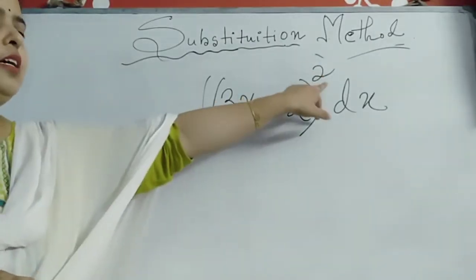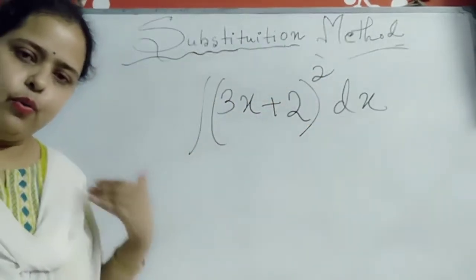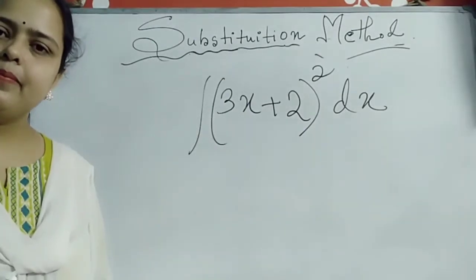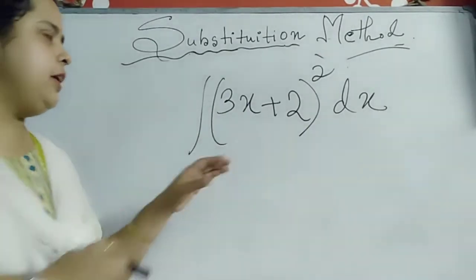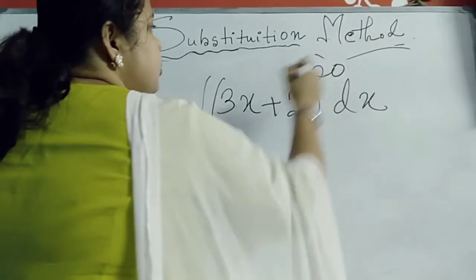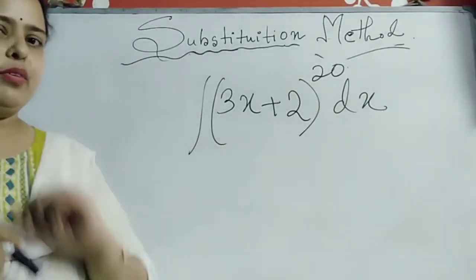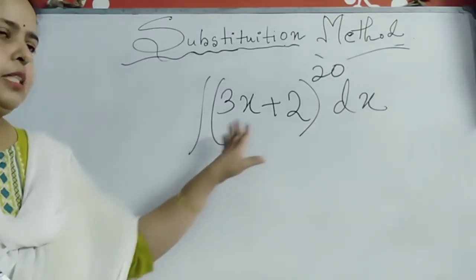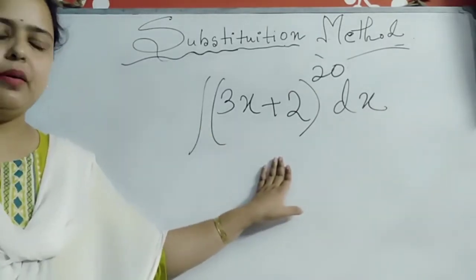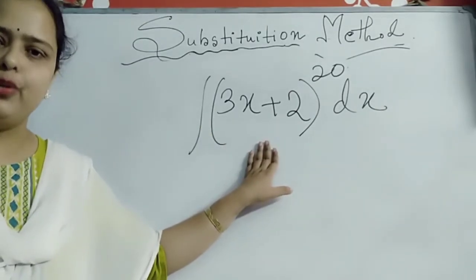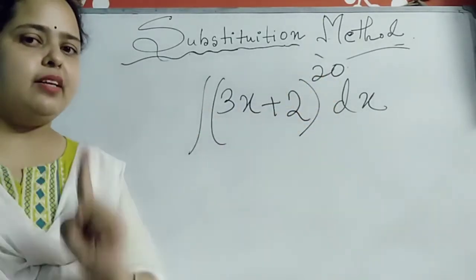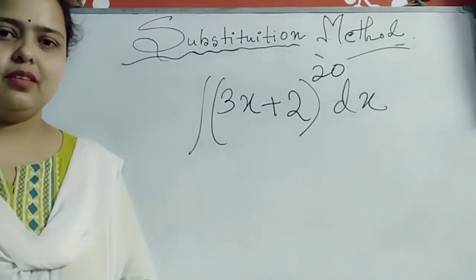Again, I will give it a power of 3 or 4. You will go on expanding, isn't it? But if the power goes to 20 or 200, then you will think about it. You will be expanding it with the binomial expansion rule, and it will give you 21 terms.